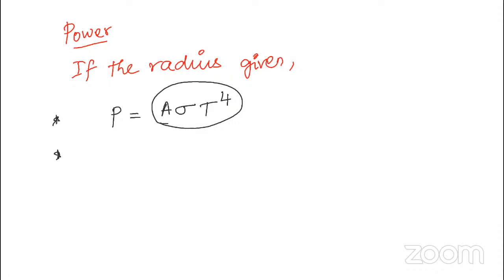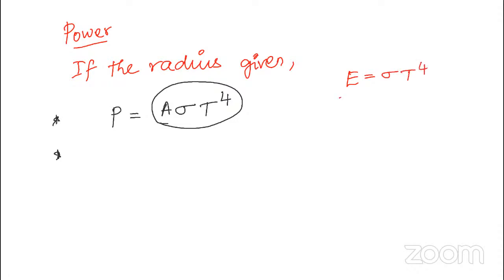A into sigma into T power of 4. Yes, it is Stefan's law.